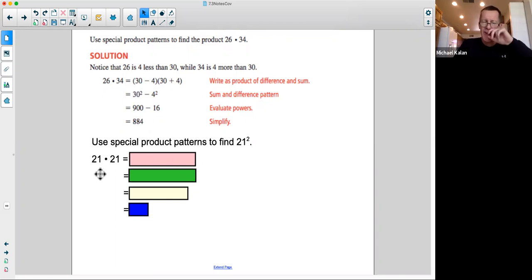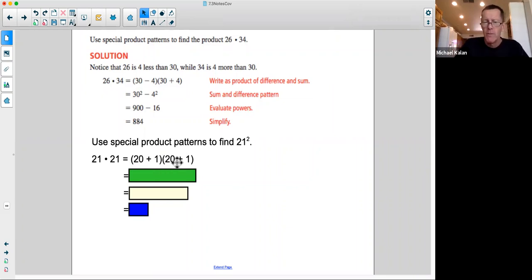Okay, so how would you rewrite 21 times 21 using this kind of stuff? Good. 20 plus 1 times 20 plus 1. Is that a pattern? Is it the same as this pattern? No, but it's still a pattern. What do we have? We have the same binomial squared, right?